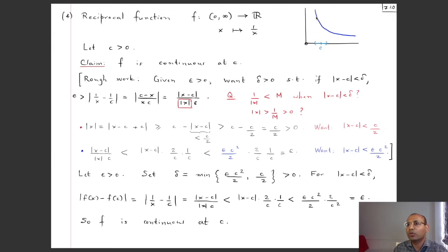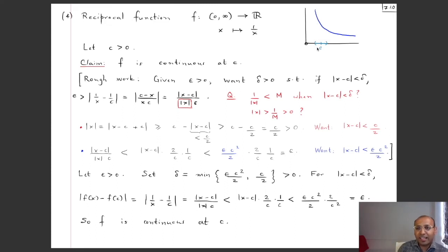So then it stays below this, right? So it seems that if I choose my delta sensibly, so that I stay far away from 0, something like C by 2, then I know that the corresponding 1 by x's don't go too far away, right? It will stay below this thing. Okay, so that's the plan.